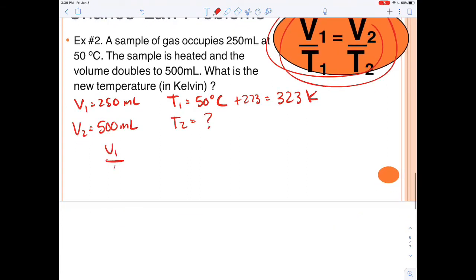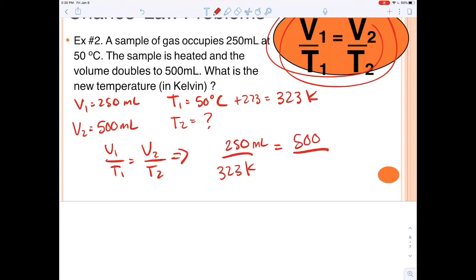Well, we can write out the equation. So that'll give me 250 over 323 Kelvin equal to, we know the new volume, 500, over T2, we don't know the new temperature. Now, to solve here, you're going to have to do a little bit of math and algebra. So we're going to multiply both sides by the reciprocal.